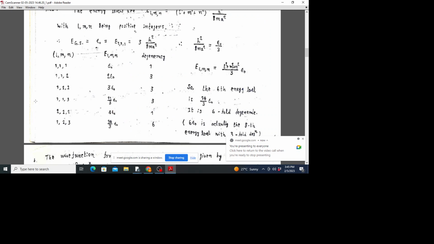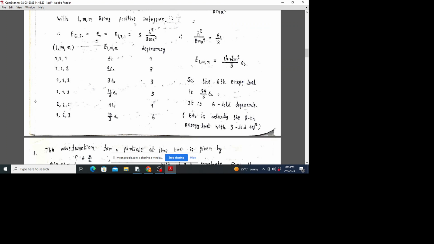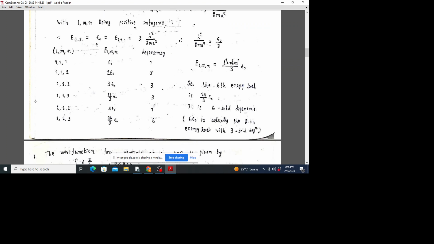Yes, in the question they have written that 6 epsilon naught is the second energy level. But here I have just shown you that the second energy level is 2 epsilon naught.